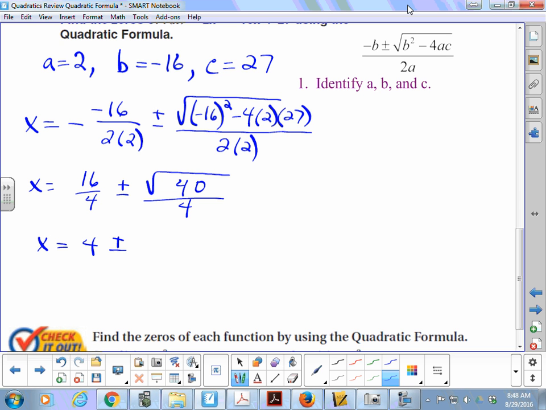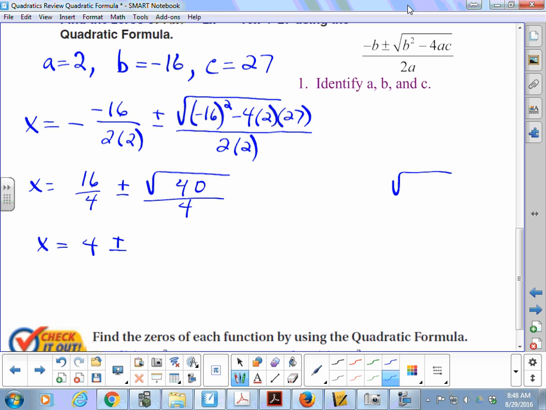Now, here's where we started the class today: simplifying radicals. So we are not going to write it as a decimal. We're going to simplify it and keep it in radical form. So what's the biggest perfect square that goes into 40? Okay, 4 does.